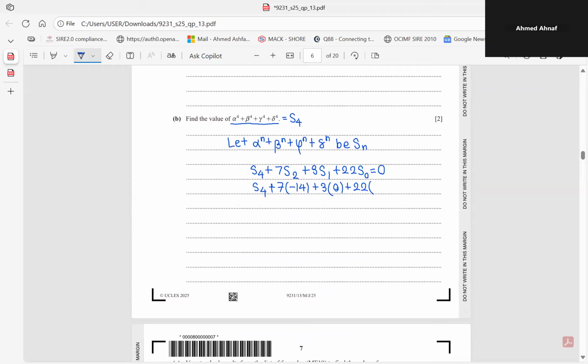So to simplify this, we're just going to use our a plus b squared formula, which is a squared plus 2ab plus b squared. So I'm just going to keep it up here for reference.